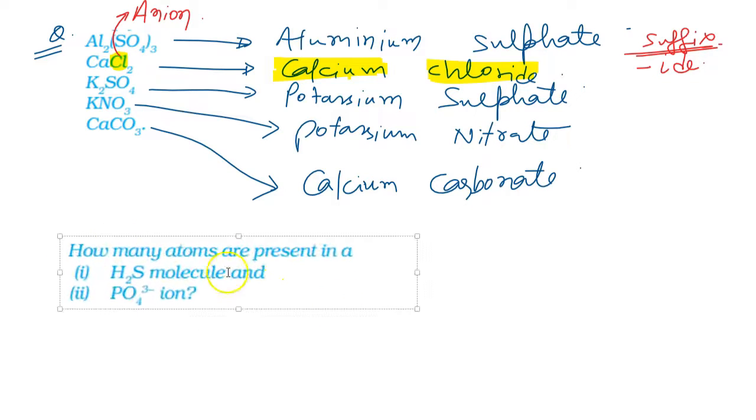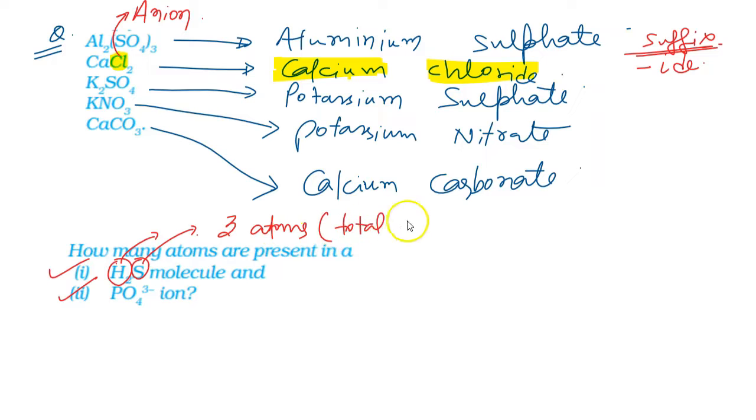So how many atoms are present in H2S and phosphate ion? Now this is the most easy question. We don't even need to go through it. Here a hydrogen atom is present, a sulfur atom is present. So how many atoms are present? In total you can see 2 atoms of hydrogen, 1 atom of sulfur. So we can see 3 atoms in total, and 2 different atoms, right?